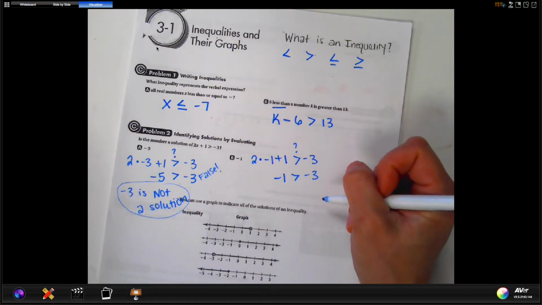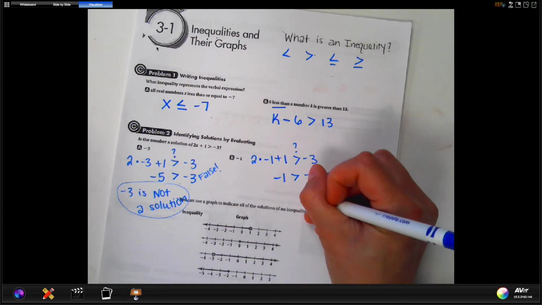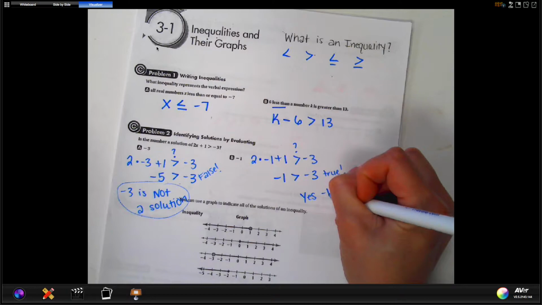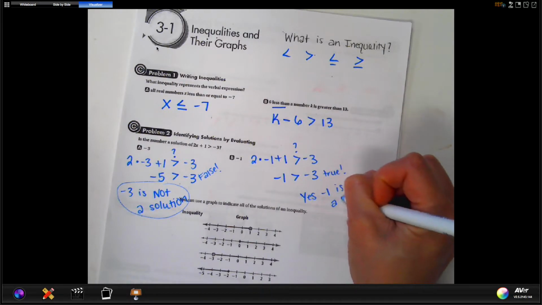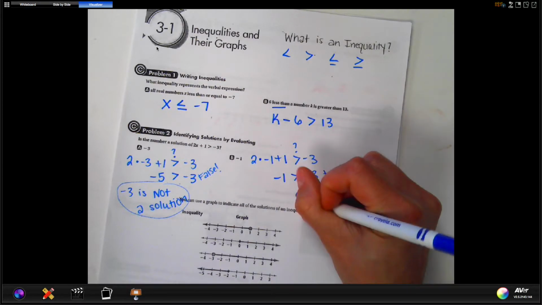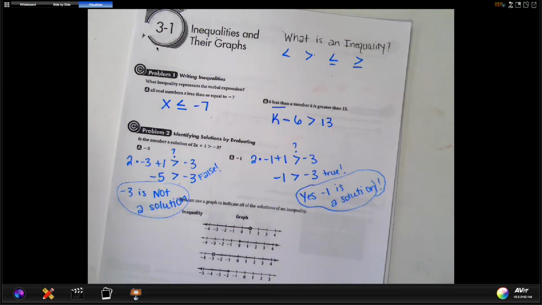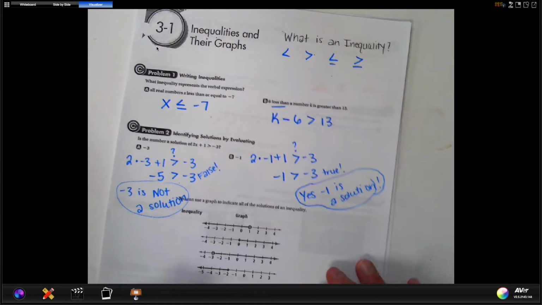Does that work? Yeah, that's true. So we say, yes, -1 is a solution. There's going to be a lot of yes and no's here for those types.